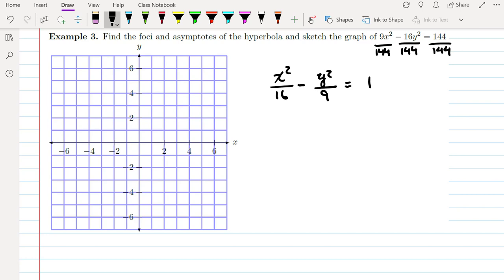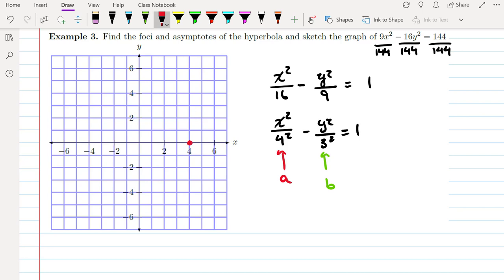Okay, so now, once again, 16 and 9 are perfect squares, so we get 4 squared, and 9 is 3 squared, over 1. Since our x term is positive, that means our foci and vertices are going to be on the x-axis. So this guy is our a, and this guy is going to be our b.